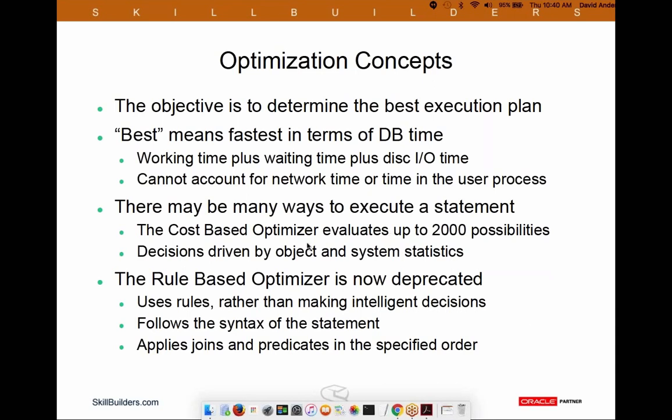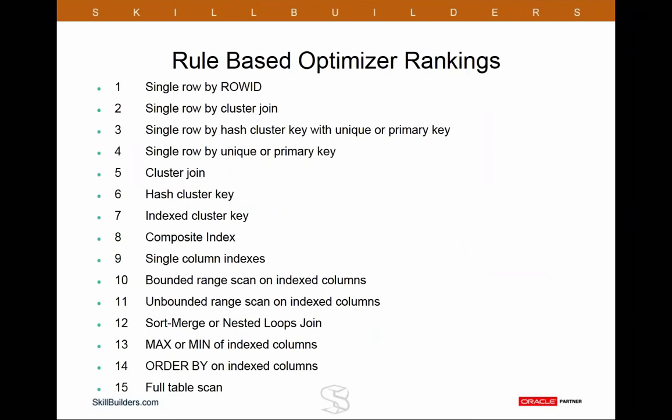There is another optimizer called the rule-based optimizer. It's now deprecated. It was the only optimizer back in the day. And rather than trying to use statistics to come up with intelligent decisions, it simply has some rules. This is the way it used to work. And I'll tell you, once in a while, it's fun to force the rule-based optimizer on.